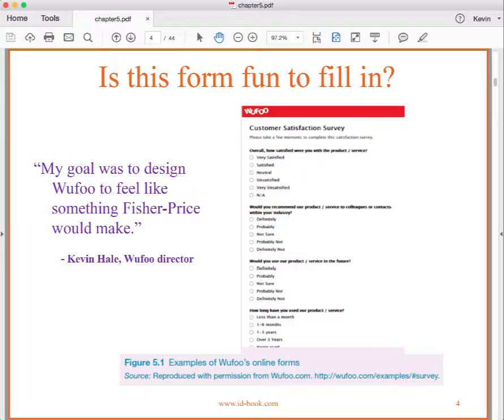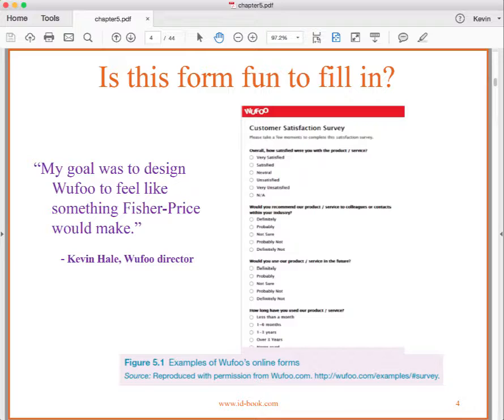So here's an example of a common IT task, filling in a survey, and a designer who went at it with the idea that they would make this more emotionally pleasing. So Woofu is the name of the forms application, and they wanted to make this kind of fun and playful, like a Fisher-Price toy.